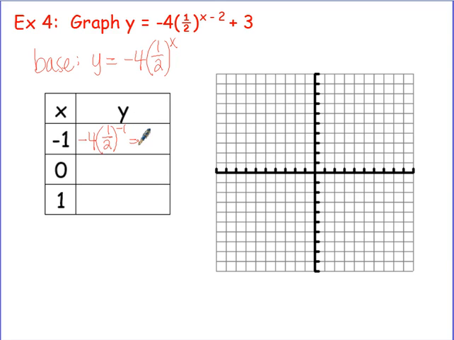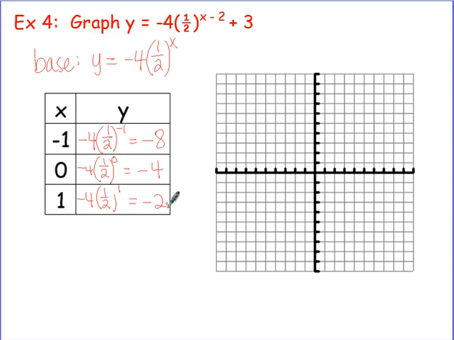If you type that correctly, you should get -8. Same thing here, -4 parentheses 1 divided by 2 close parentheses to the power of 0. You should get -4. Finally, -4 parentheses 1/2 to the power of 1, and your calculator should tell you -2.